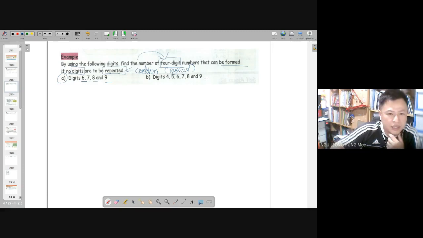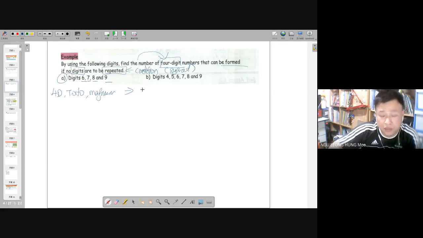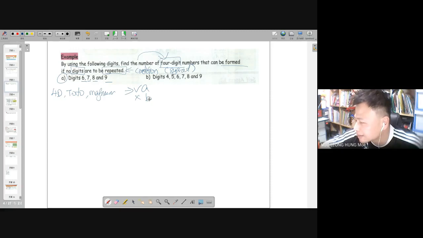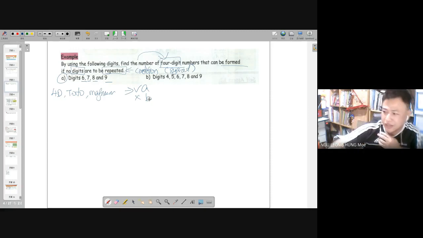Let's say I give an example before I explain this question. Any of you never heard about 4D, Toto, Magnum? If you ever heard and you understand, you reply me A. If you don't know, reply me B. Beli nombor, kata orang. Tahu?